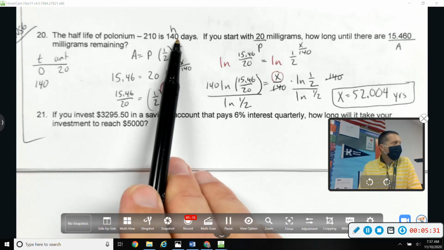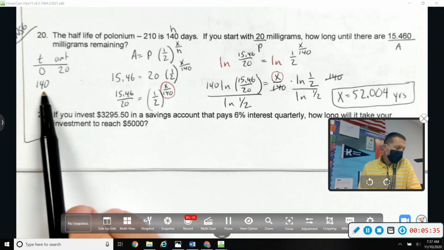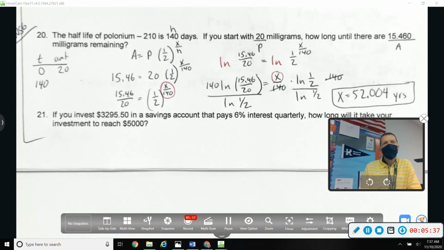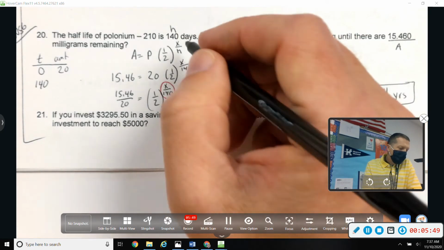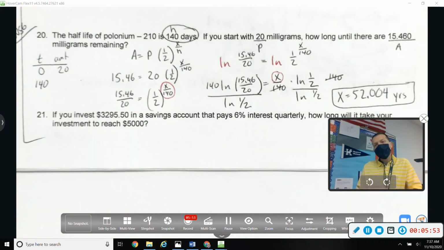Half-life means how long it takes to be cut in half. So if we start with 20, how much will we have left after 140 days? Are you just not wanting to answer, or do you not know? Okay, what it means to be a half-life is that's how long it takes to decay to half of what it started with.